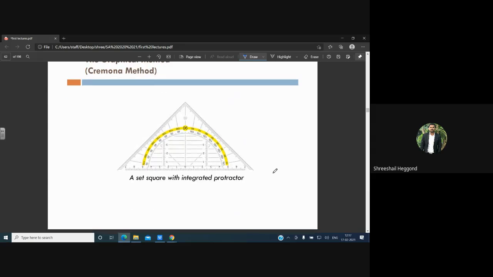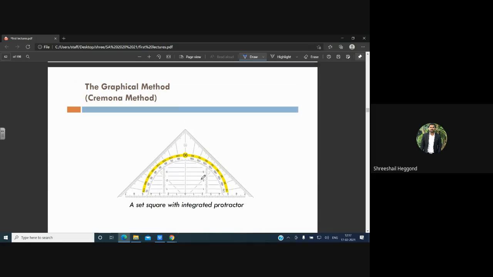The set square with integrated protractor can be used for measuring the angles as well as the length. Here you can measure the scale as well as the angles. You might have seen this type of scale, with integrated protractors.